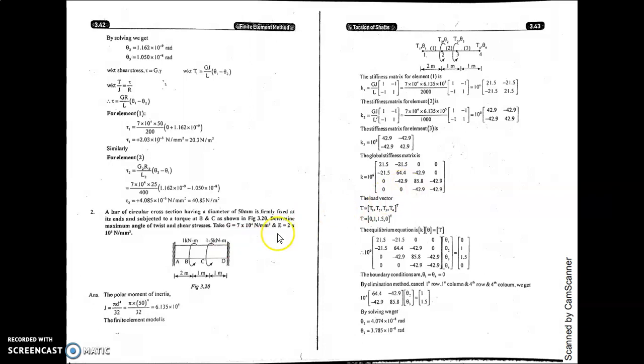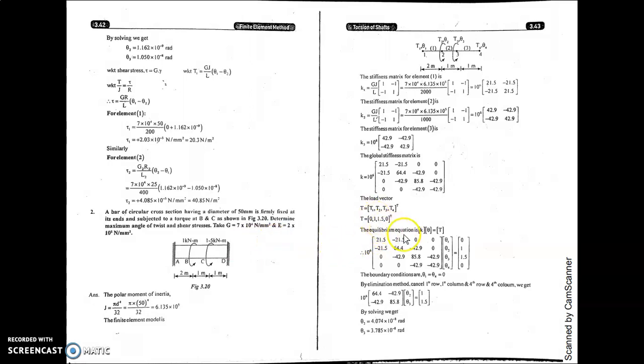Now the torque values. T1 is 0 because it is fixed, and T4 is also 0 because it is again fixed. T2 has 1 kilonewton meter, T3 has 1.5 kilonewton meter. Both are taken in a positive sense because of the anti-clockwise direction.